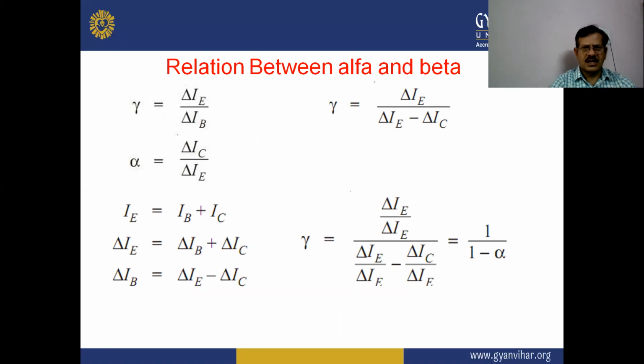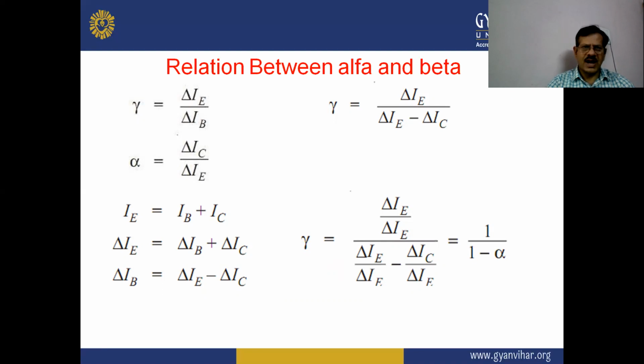So what is the relationship between alpha and beta? We know that here gamma equals del IE upon del IB. Also, alpha equals del IC upon del IE.